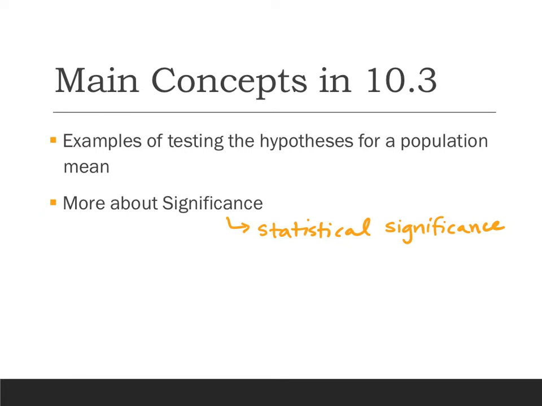So basically, this is just saying that we have a p-value that is small. It's a numerical check without really looking at whether or not there's an actual difference in the values.